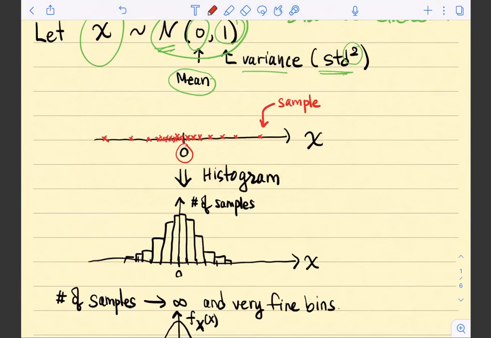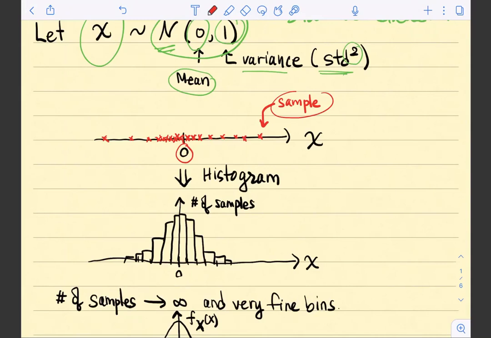So Gaussian could be bigger than 0 and less than 0. There's a lesser chance that x will be very far away from 0, in both directions. So this red mark is samples. I run many samples and see what's going on.